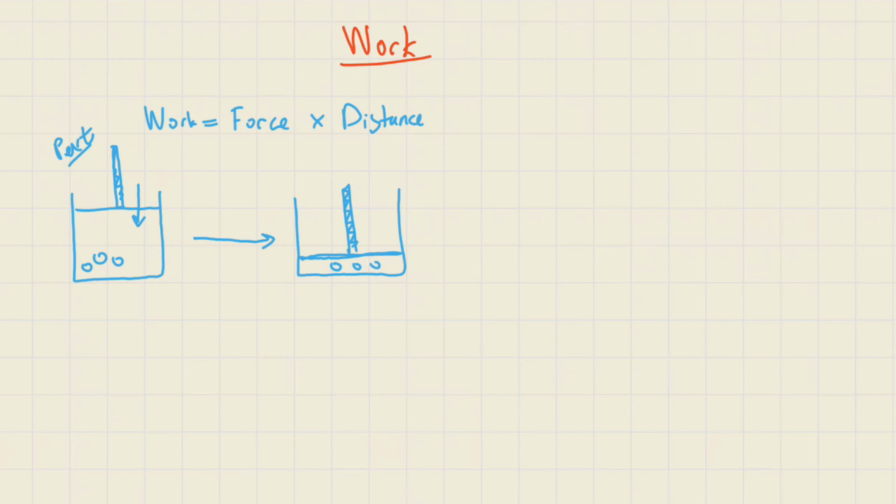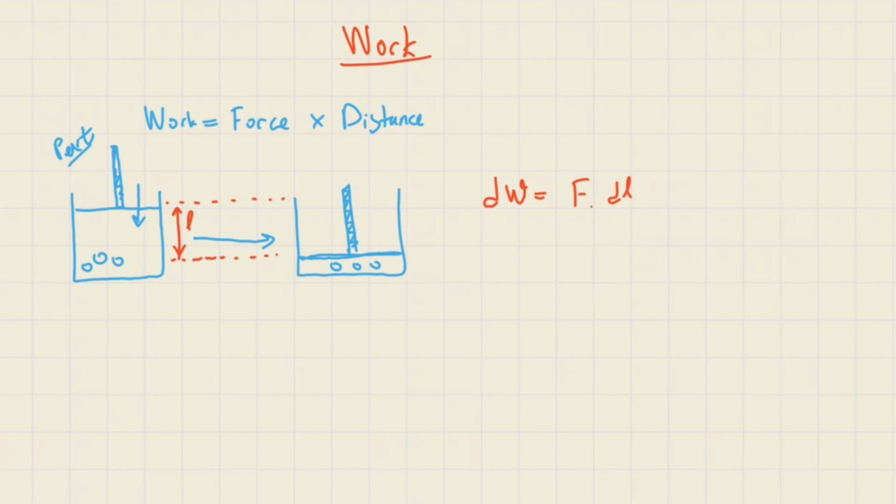But how can we define the work here? Firstly, we change the piston position by this much, which is, for instance, a distance L. So I can define the work here as dW, force times dl.